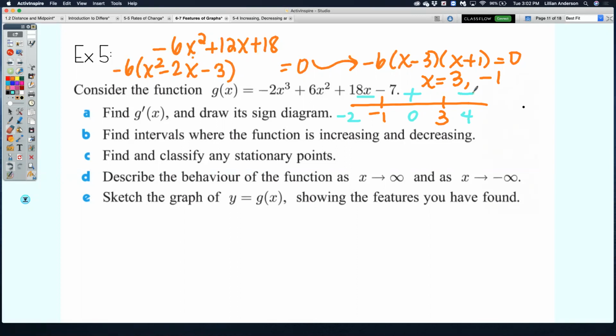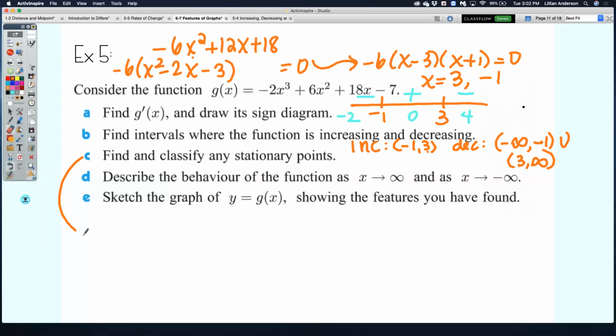So because of that, I am going to be increasing from -1 to 3, and then decreasing in 2 different places, -infinity to -1, as well as 3 to infinity. I need to classify and find my stationary points.